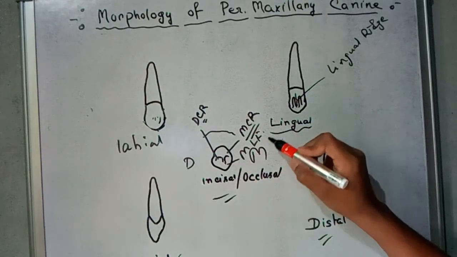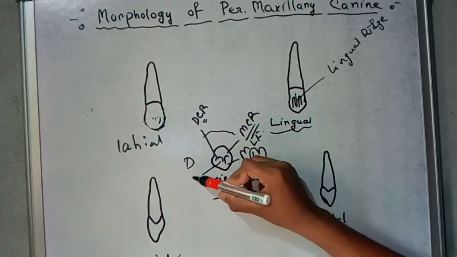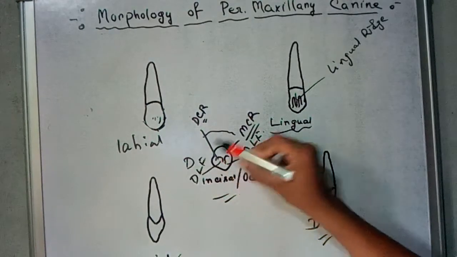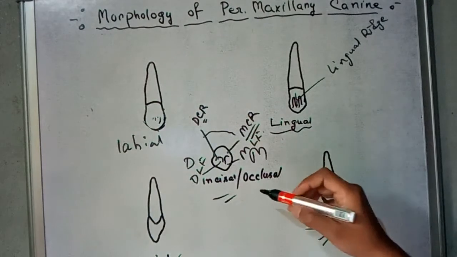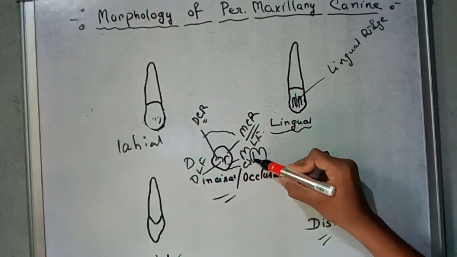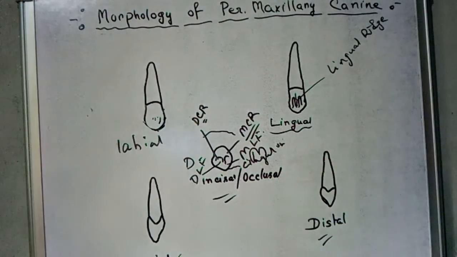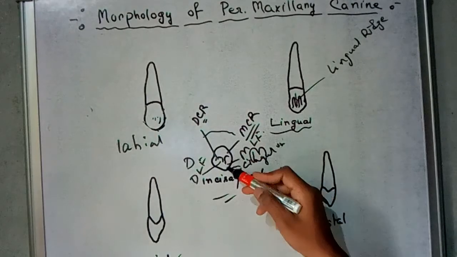This is the MLF, the mesiolingual fossa, and this is the distolingual fossa. And C is the cingulum.